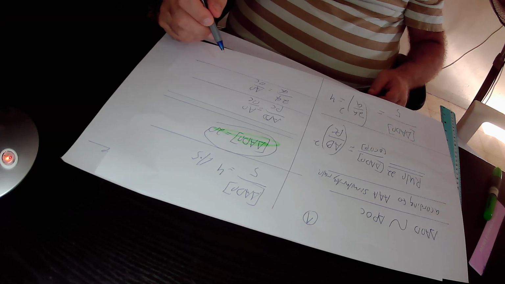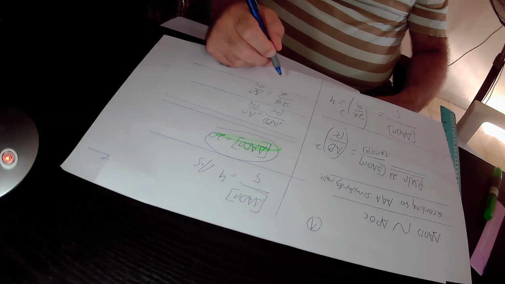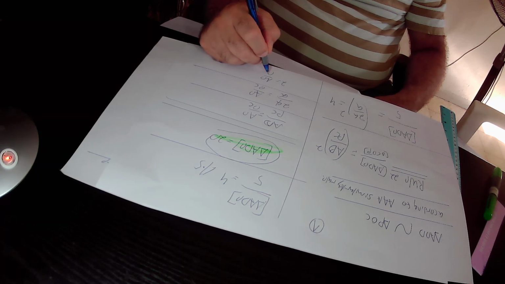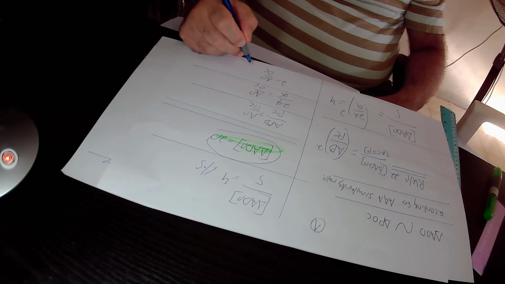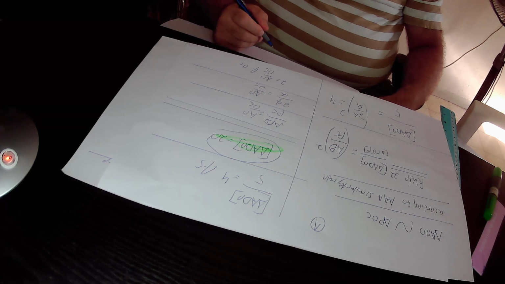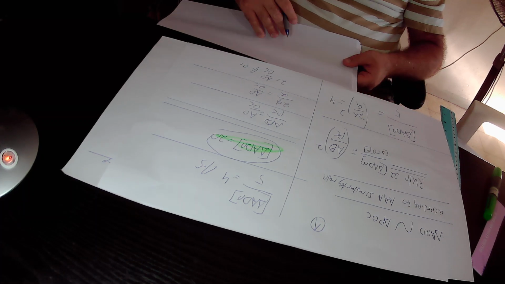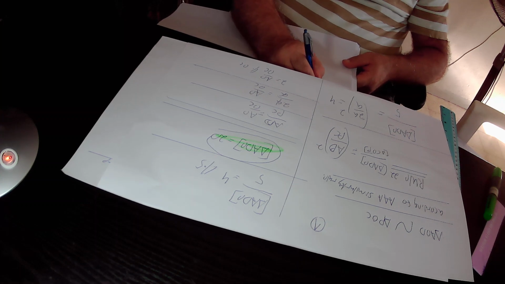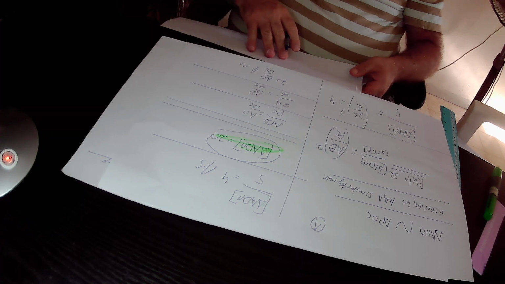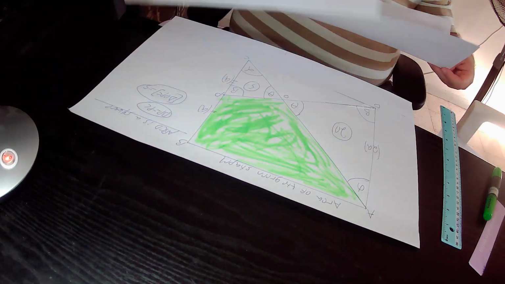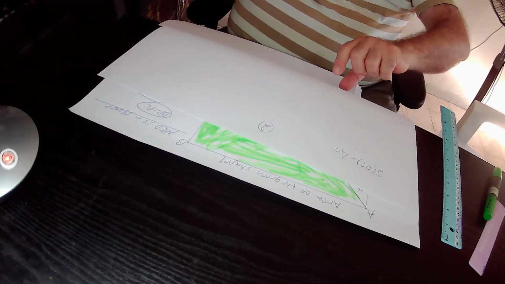So in total we find out that 2 equals AO over OC. So here we multiply the equation by OC and we get that 2 times OC equals AO.